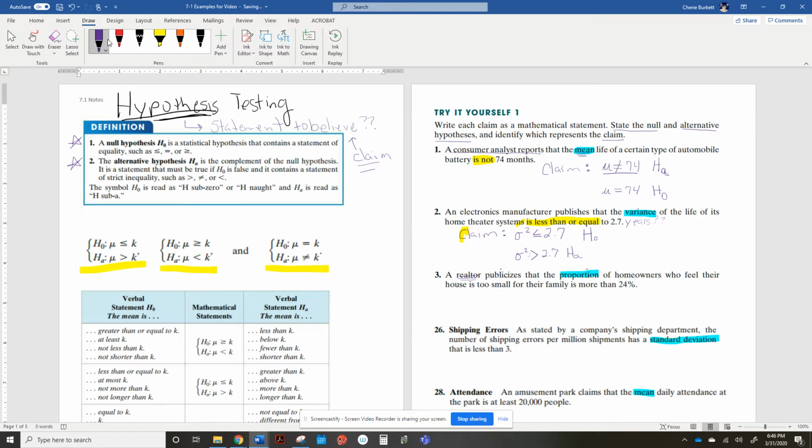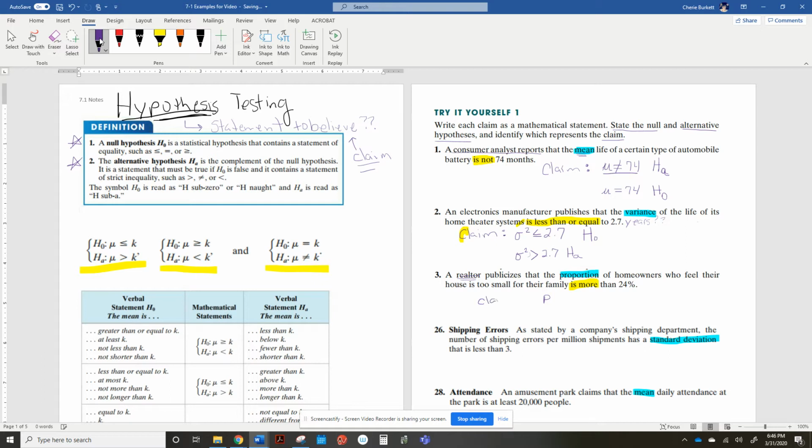So let's try again. We've got a realtor here who publicizes that the proportion, that symbol for proportion is going to be our P, is more than. There's our math. Oh, I forgot to write the word claim. I'm sorry.